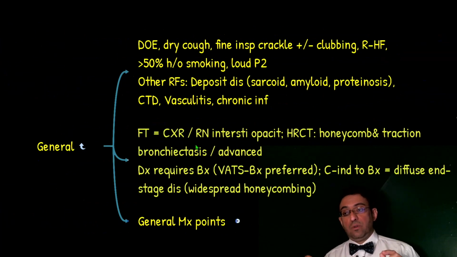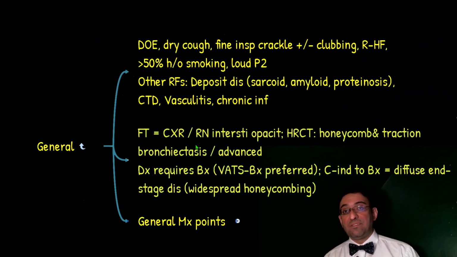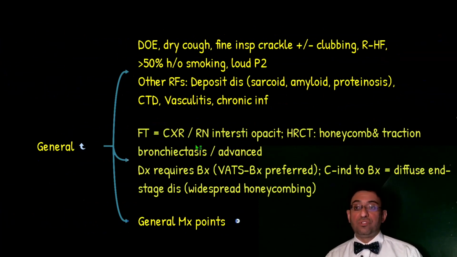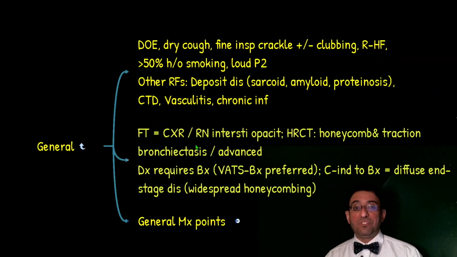However, this also reminds us that all patients in the advanced stage require assessment for pulmonary hypertension, possible need for catheterization or echo. What's usually the first test for all of these interstitial lung diseases? Usually the first test is the chest X-ray that shows some levels of reticulonodular interstitial opacities.